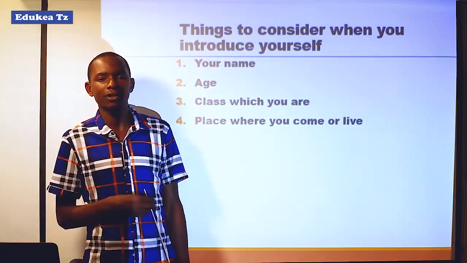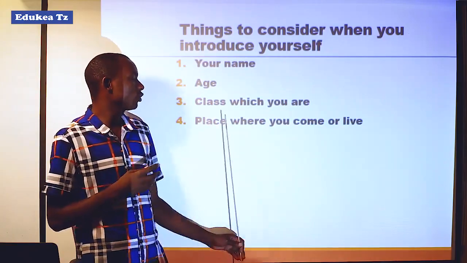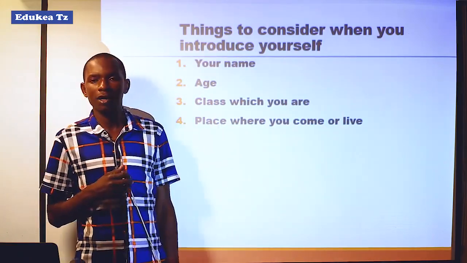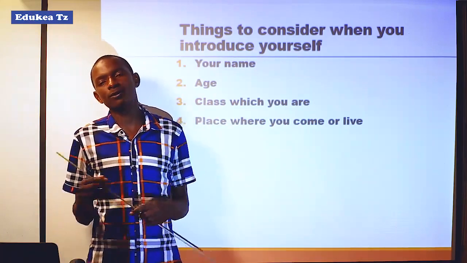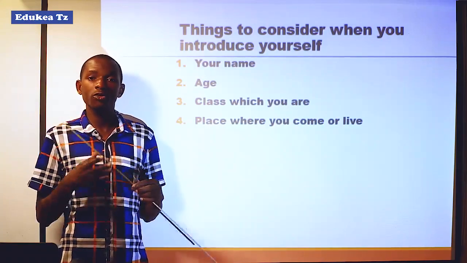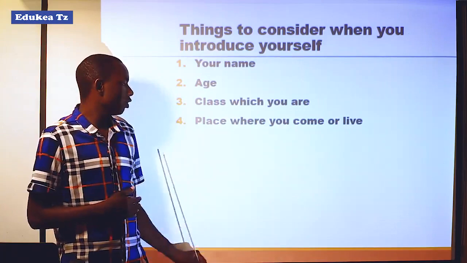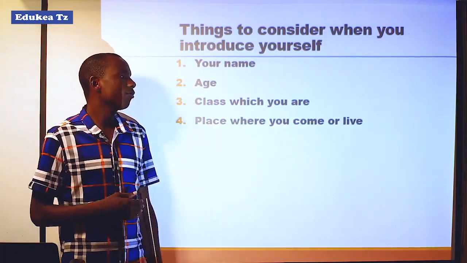How many years you have. Also the class you are in. If you are a pupil of Standard 7, Standard 5, Standard 4, as you are here now, you are supposed to say so. Also the place where you come from or live.